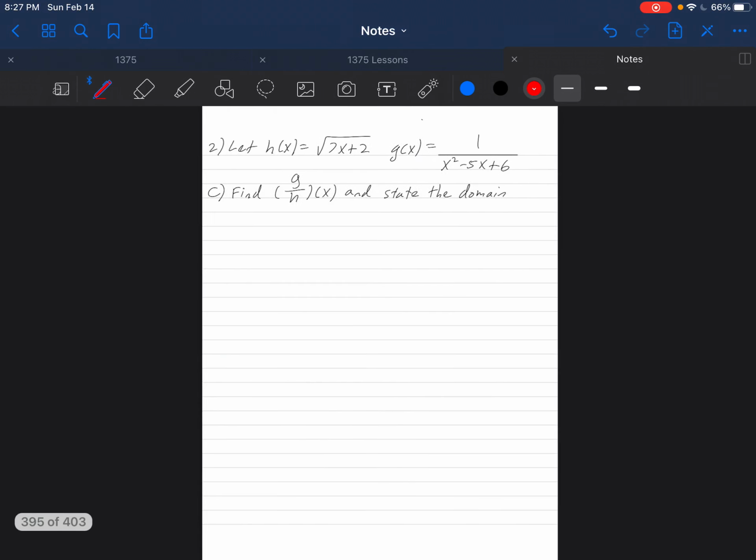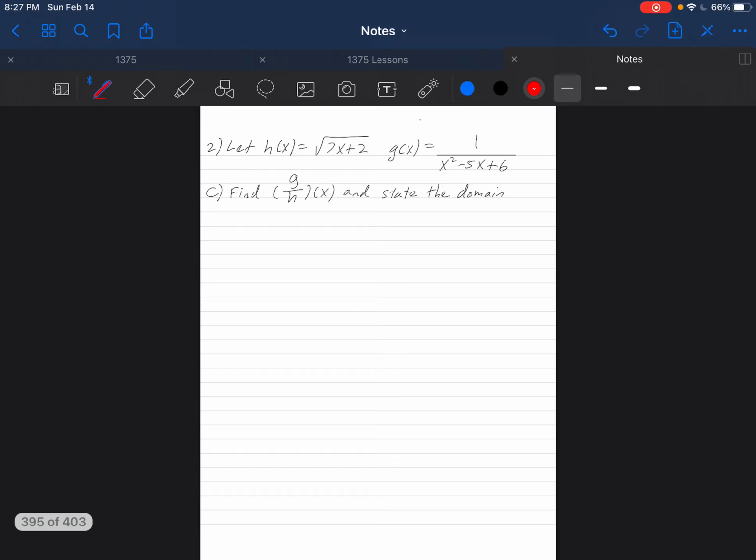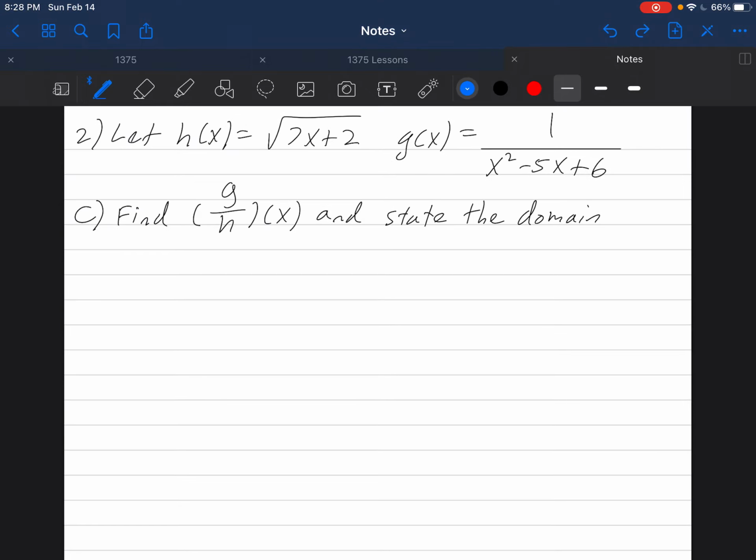All right, so again, interval notation, building it and writing down all the intervals from left to right. So part 2c, let's look at this function here, g over h. Let's see how this differs from before, if it differs at all. All right, well, let's go through the exercise. G on top this time, that's going to be 1 over x squared minus 5x plus 6 over the radical 7x plus 2.